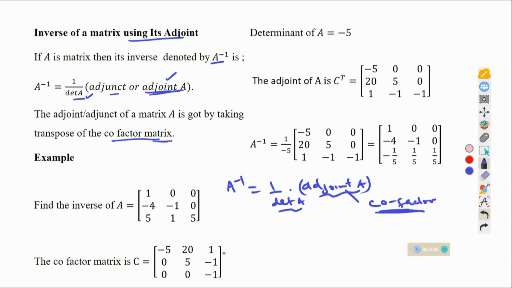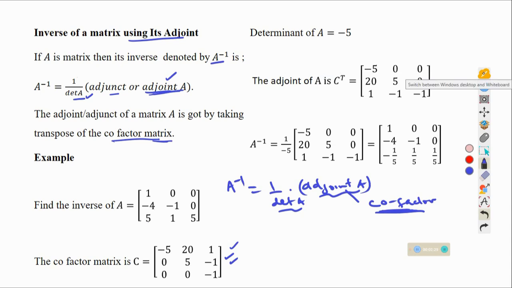Here I've already summarized for you the cofactor matrix of A, which is this one. But let us see how best we can get it. We already did this, so you should be able to confirm that your cofactor matrix is this, using the procedures we looked at last time.